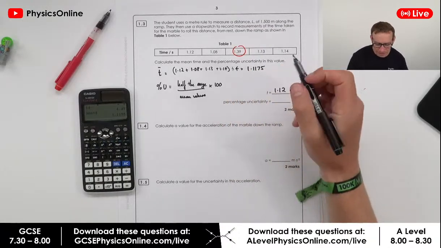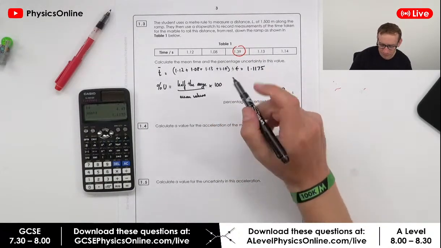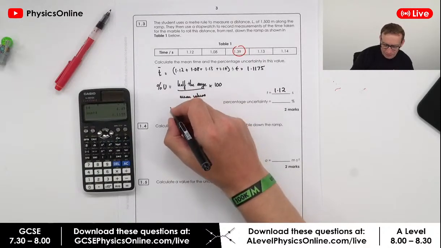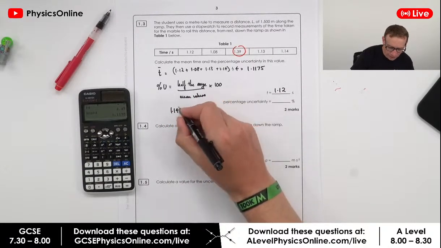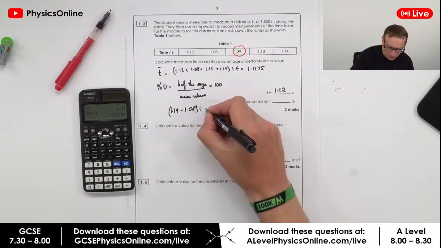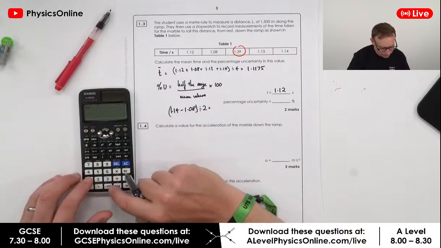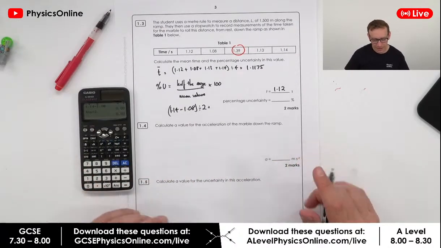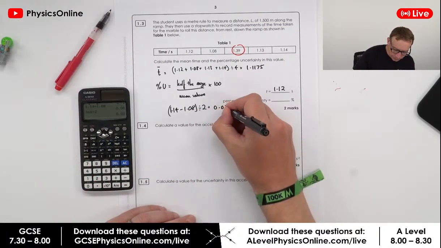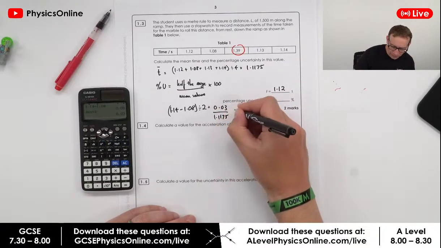Okay, so half the range. Well, the biggest number is 1.14, the smallest is 1.08. So that's going to be 1.14 minus 1.08 divided by 2. And that's equal to, I can do this in my head, but I'm just going to check, 0.03. And that's divided by the mean value, which I'm going to use as 1.1175.